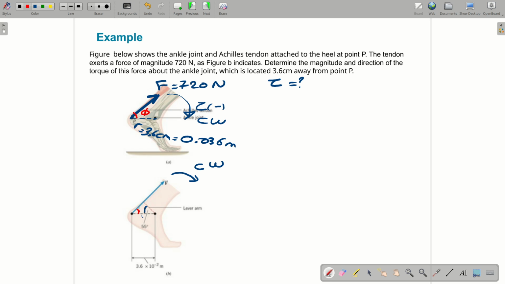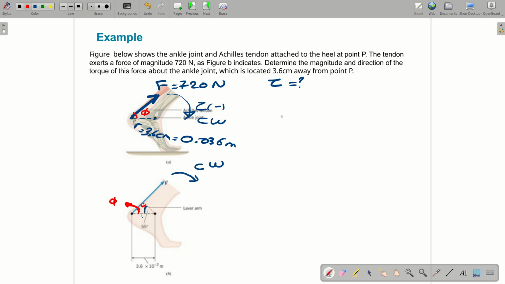Looking at this little triangle here, I don't want to clutter this figure, but we have a perpendicular angle here, and 55. This angle phi can be found using the idea that the total internal angles add up to 180. So this angle, 55 plus phi, should be 90 because the other angle is 90.